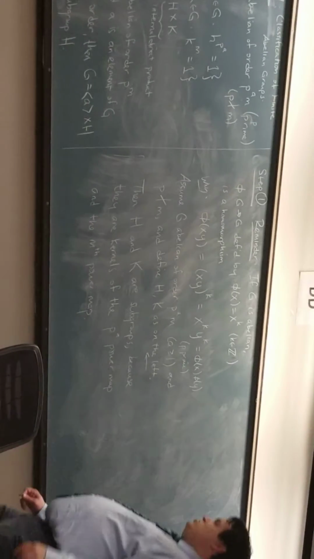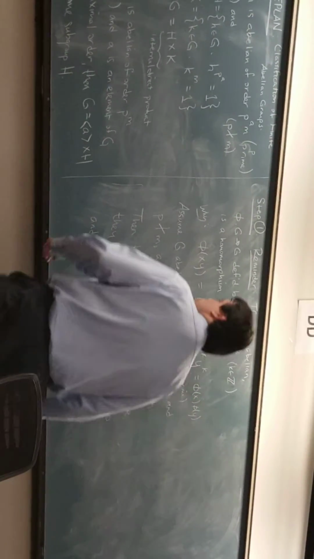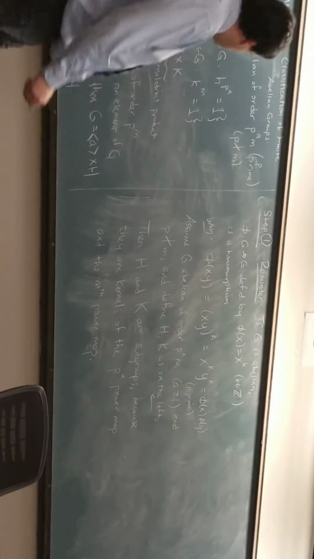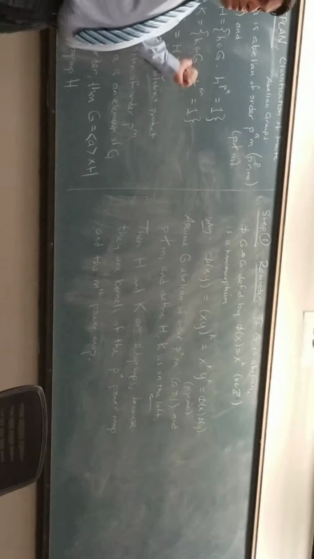Just in case we need it. Well, in fact, we do need it because we're going to show that G is an internal direct product of H and K. Part of what we need is that H and K be normal. So let's write that down.